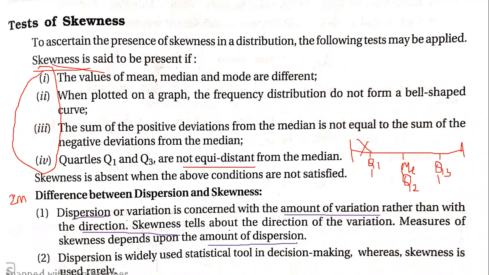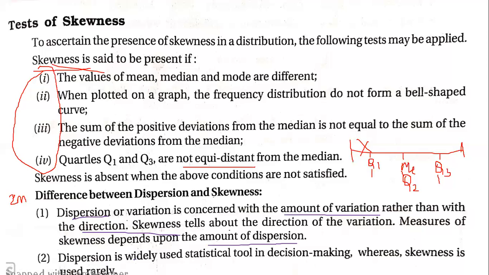We have calculated quartile deviation, mean deviation, standard deviation, coefficient of variation. We used variance to find the standard deviation and coefficient of variation. So there are a lot of things we found out in dispersion. Using all those methods, we are going to also analyze which direction the difference is happening. So that is the first difference.